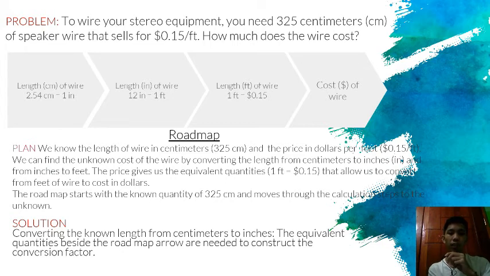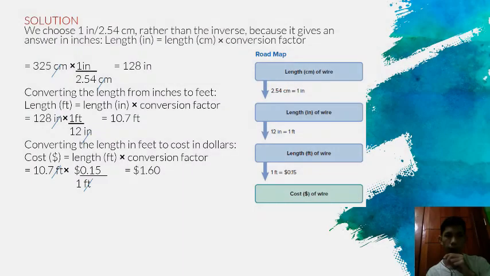The roadmap starts with a known quantity of 325 centimeters and moves through calculation steps to the unknown. Converting the known length from centimeters to inches, equivalent quantities beside the roadmap arrow are needed to construct the conversion factors.